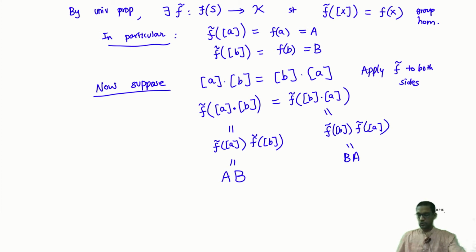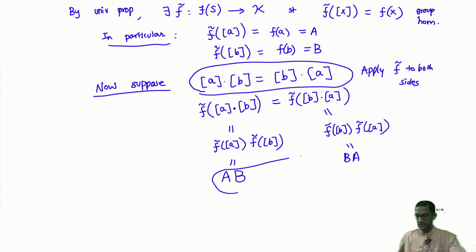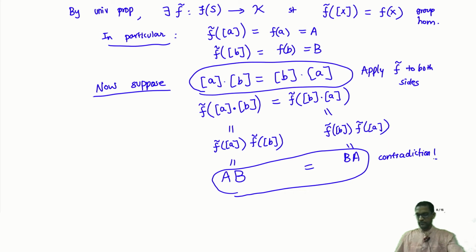So what do we conclude? If this equality holds, then it must also be true that AB is the same as BA. But that is a contradiction because we specifically chose two elements A and B which are non-commuting. So that completes this proof.